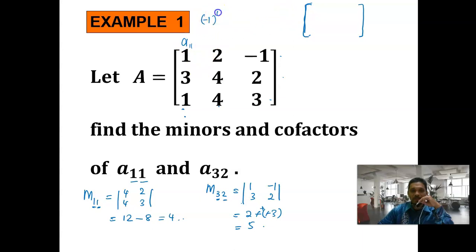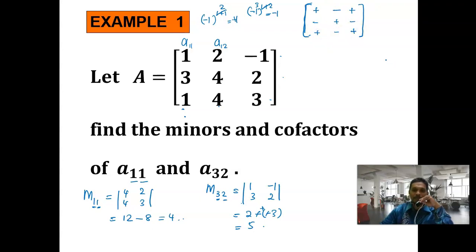Negative 1 to the power of 1 plus 1 is negative 1 squared, which equals positive 1. So we get positive here. And this is element 1, 2: negative 1 to the power of 1 plus 2, which is negative 1 cubed, equal to negative 1. So we get negative here. The pattern is positive, negative, positive, negative, positive, negative, positive, negative, positive.